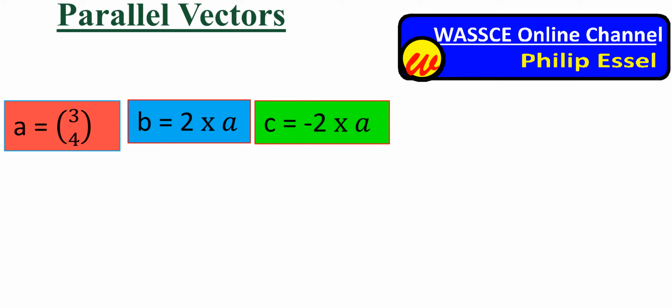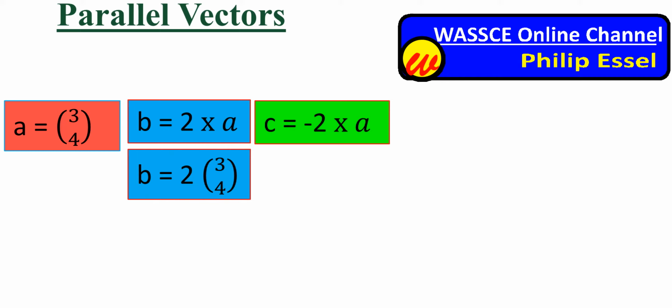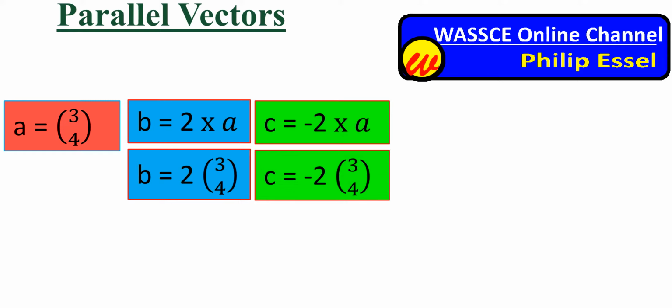So the vector B would be equals to 2 times the vector 3, 4, which is the vector A. And the vector C will be equals to negative 2 times 3, 4.